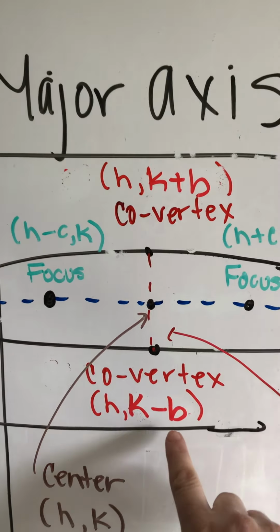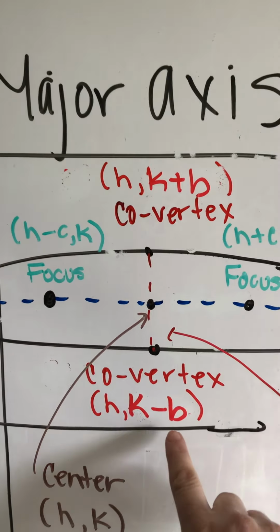And that's why one focus is HK, but it's gone left C, and HK, and it's gone right C. So notice that all of these points have HK in them, and you just tell how far it moved. Did it move A or B or C, and did it go left, right, or up or down?